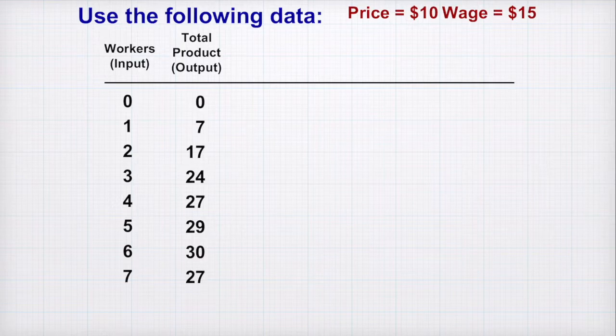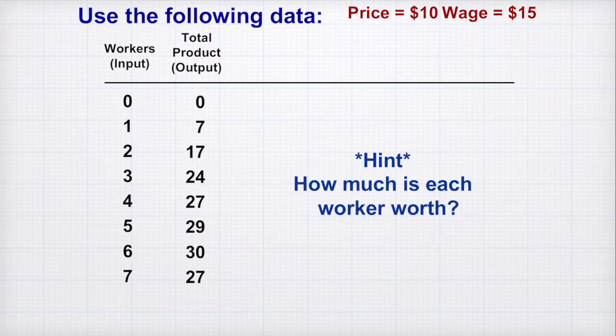So this is the number of workers that you can hire. And this is the total output that you can produce, depending on how many workers you choose to hire. Just by giving you this information, and telling you that the price of the product is $10 and that the wage of your workers is $15, how many workers should you hire? And let me give you a hint. Consider how much you think each worker is worth.